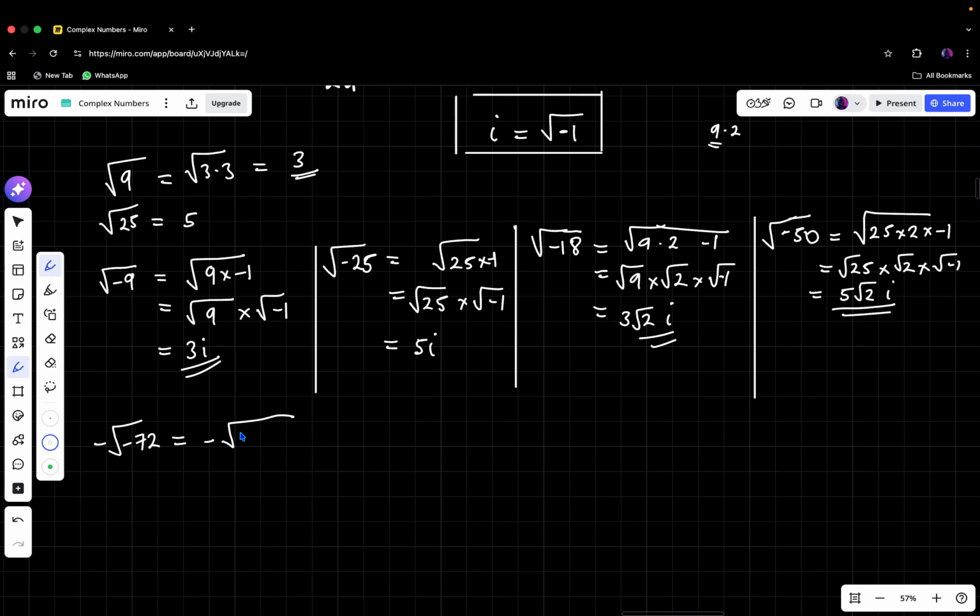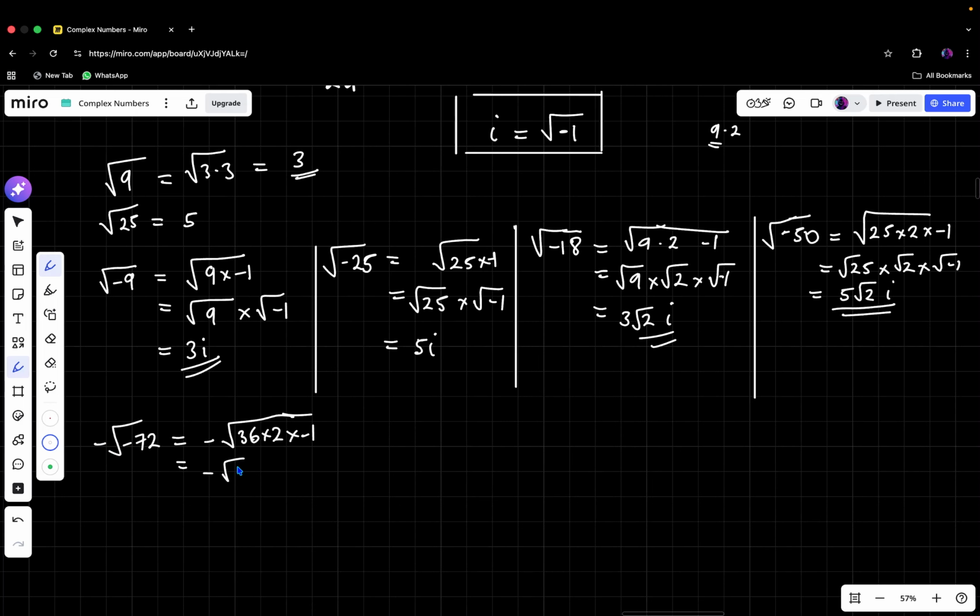We can simply multiply 36 by 2 to give us 72, and we continue leaving this minus still in front. 36 times 2 is 72. 72 times negative 1 is negative 72. So this negative is still in front from here, not this one. This negative carries over here.